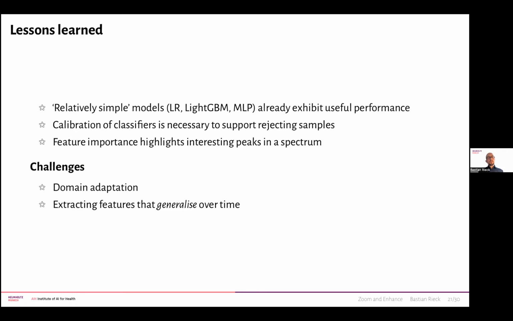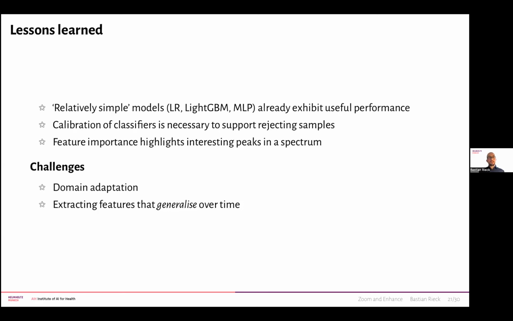And it turns out that the calibration of classifiers, of models, is crucial in order to be able to support the rejection of samples. So in order to make an algorithm that you could actually use in the clinic, because you could refuse to process samples that don't fit your trained distribution.